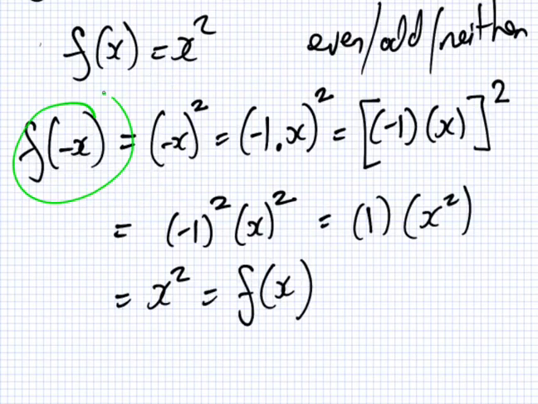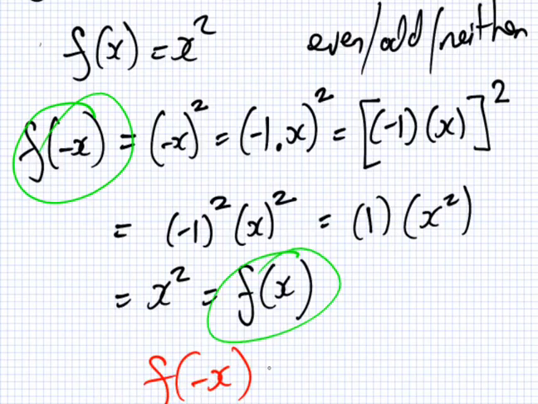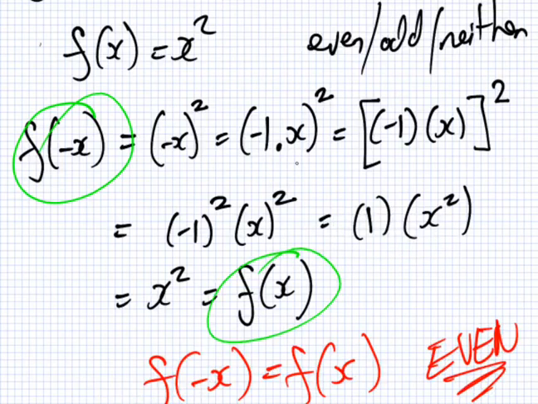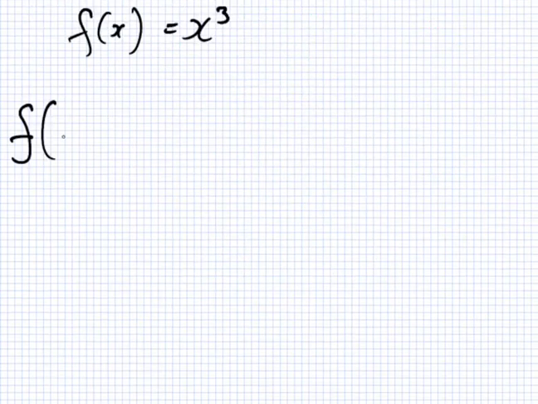So, what you need to check is what f of minus x equals. That's equal to minus x squared. You just put x as minus x. What's minus x squared? That's x squared, because when you square a minus, it's gone.